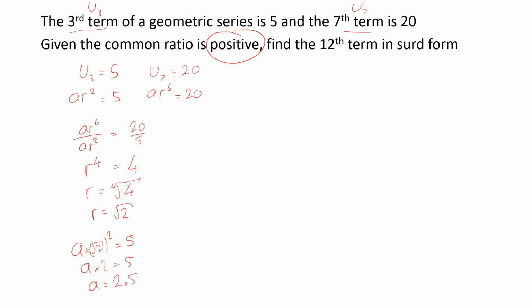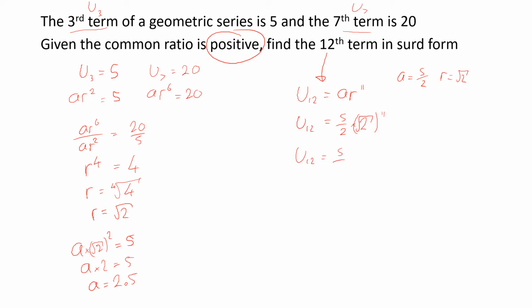Still not quite done though, because it wants us to find the 12th term. Now u12, that would be ar to the 11. Again, take 1 away from the power. We know that a is equal to 5 over 2. We know that r is equal to the square root of 2. So let's work this out. We've got 5 over 2 times, so square root of 2 is 2 to the power of a half, so maybe we could use that.